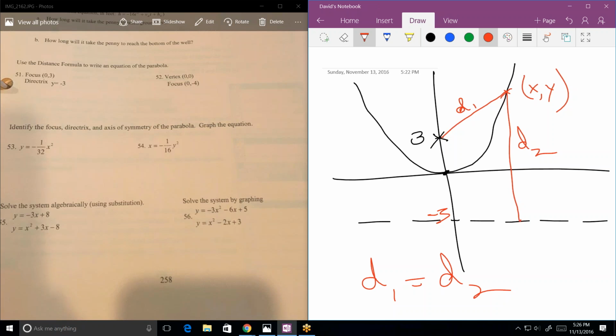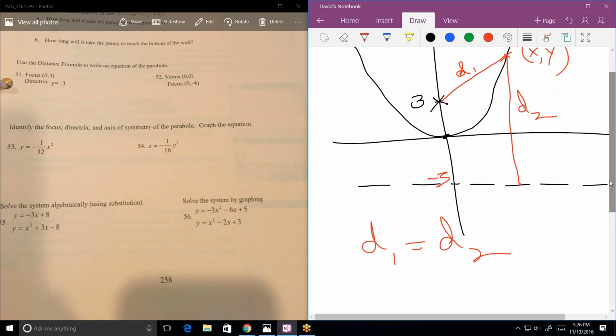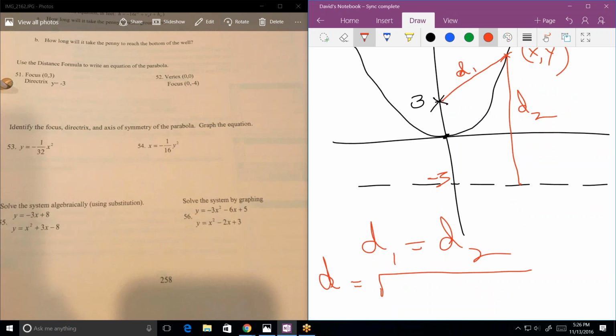What is the distance formula? What is distance equal to? Oh man, I forgot this one.